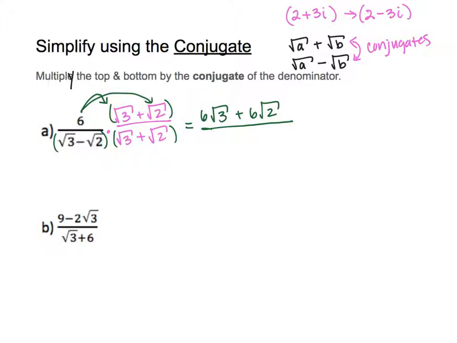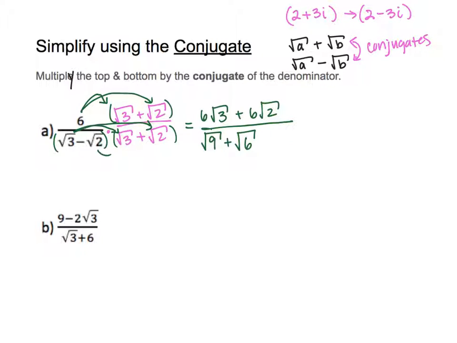So I have the square root of 3 times the square root of 3. They're both square roots, so I have to multiply the inside. So that's the square root of 9. Square root of 3 times the square root of 2 is plus positive square root of 6, right? 2 times 3 gives me 6, and they're both under root, that's why we have a square root of 6.